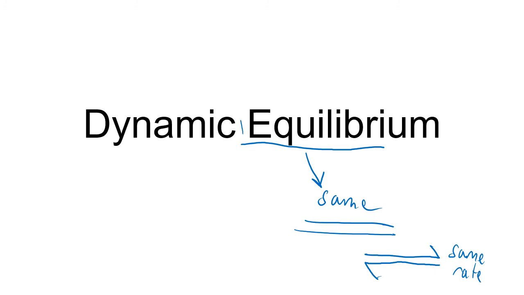So what does the word dynamic mean? I thought this was fairly easy, and I discussed it recently with some students, and they came up with all sorts of answers. But if you had a dynamic personality or you were a dynamic person, dynamic actually means really active.